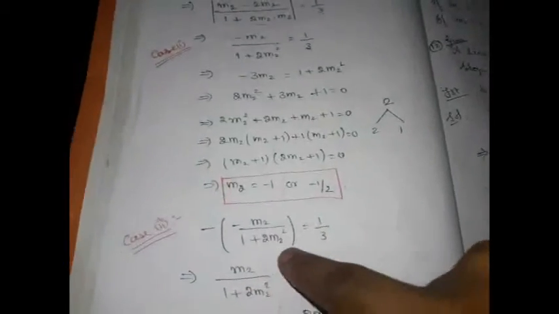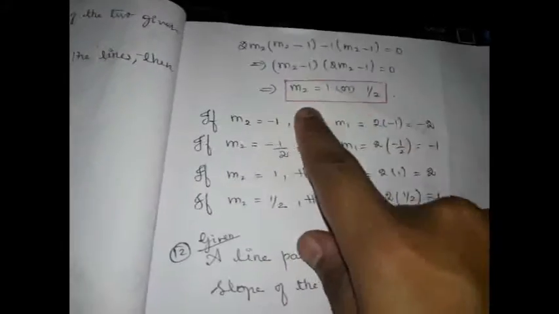This value is negative, which means minus of minus m2 divided by 1 plus 2 m2 square. Again cross multiply it and simplify. We got two values of m2. So totally for m2 we got 4 values: in case 1 two values and in case 2 two values. So accordingly we have to find the m1 values.